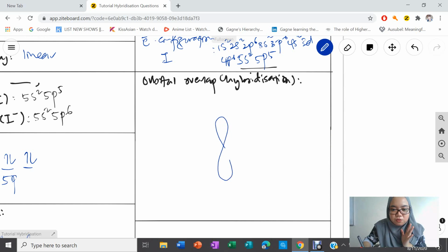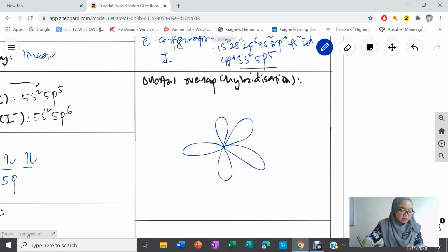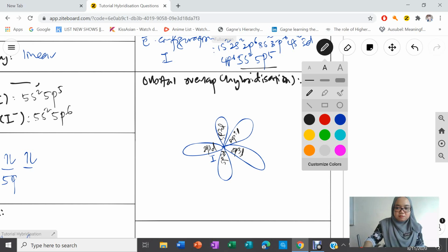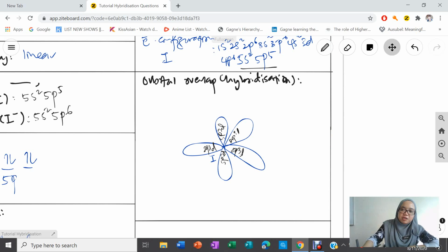1, 2, 3, 4, 5. So this is I. So label this sp3d, sp3d, sp3d, sp3d, sp3d. Okay, and then you draw the Cl 3p.